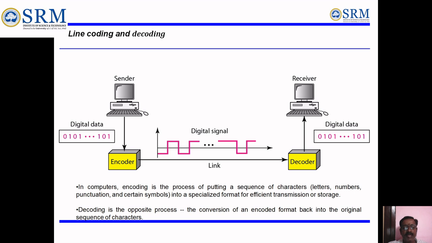Here in this slide, an encoder is available at the sender side and the decoder is available at the receiver side. The encoder receives the digital input and converts the received digital data into digital signals and transmits them to the receiver side. The receiver has a decoder that converts the received digital signal into digital data and submits it to the receiver.